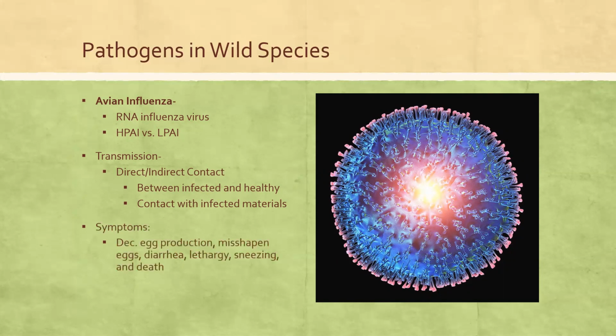Symptoms of AI can include decreased egg production, misshapen eggs, diarrhea, lethargy, sneezing, and death. There is potential for spillover, as some studies have shown avian influenza being able to infect mammalian hosts like foxes and seals, which sort of makes me anxious at the possibility of spillover into humans.